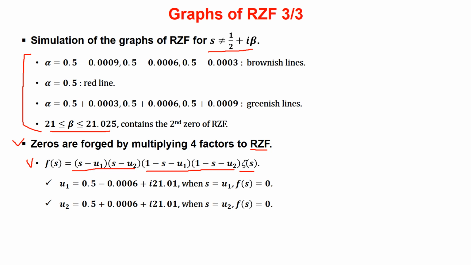And you can see the normal Riemann zeta function here. And we showed the simulation of the first two factors. We used two values, u1 and u2, and when s becomes u1 or u2, F(s) becomes 0.